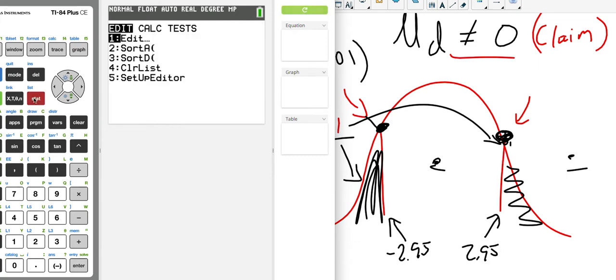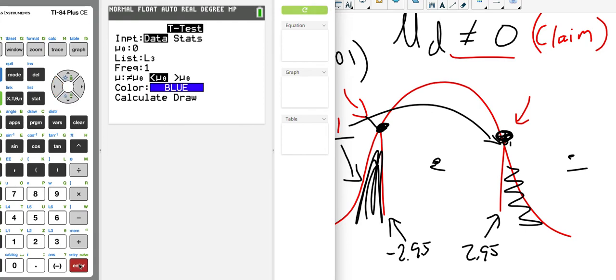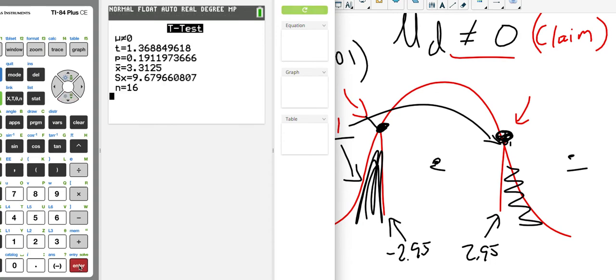So go to test, t-test. All right, it should be all set up from the last time. The only thing I need to change is that now our HA is not equal to. Calculate.